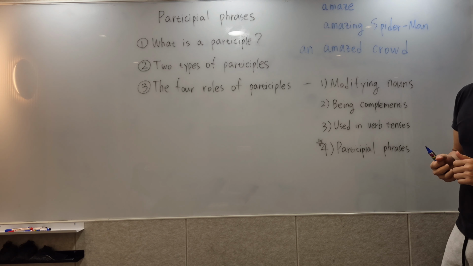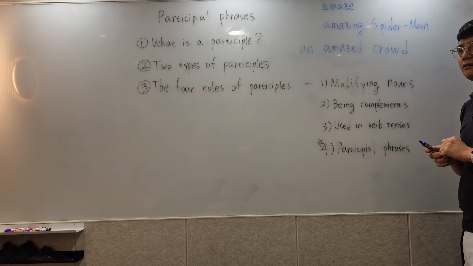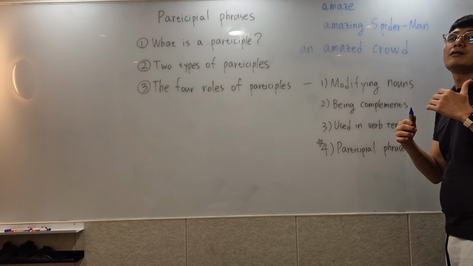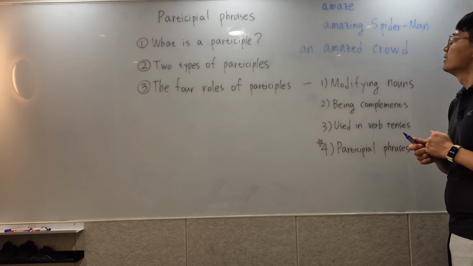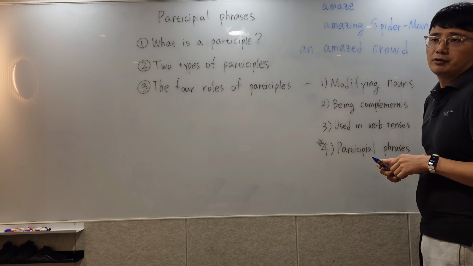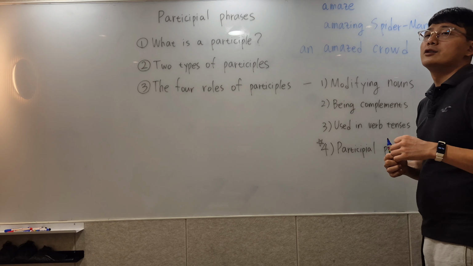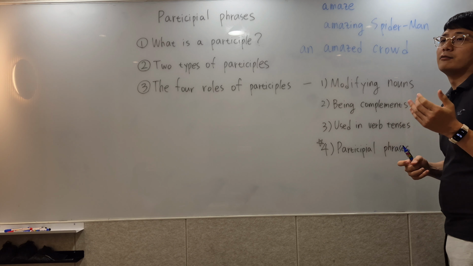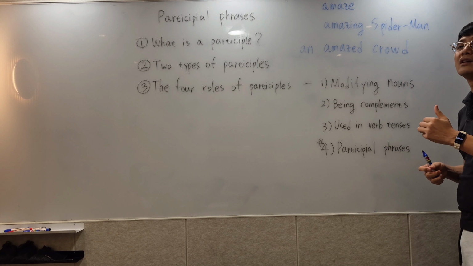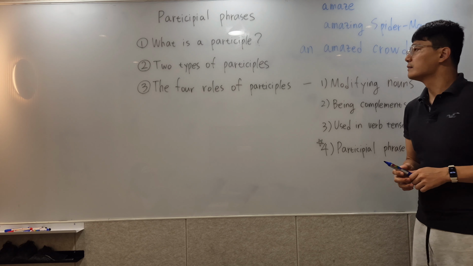So, the present participle usually shows that someone is doing some action, okay? While this amazed crowd, the past participle shows a thing that has already happened to someone or something, like the action was done to them, okay?